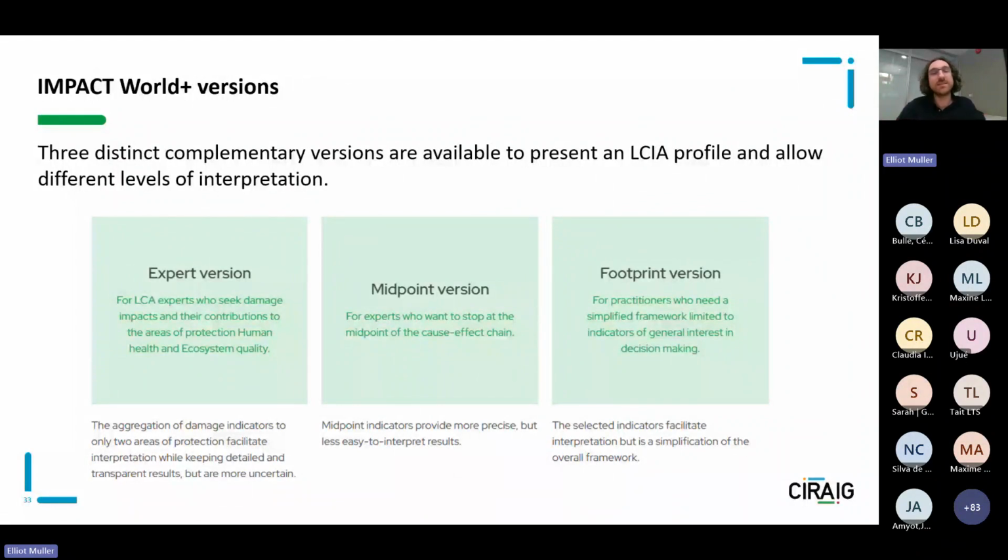The idea is to facilitate interpretation, but people using it need also to be aware that it is a big simplification of the overall framework. Once again, the idea is to simplify interpretation and avoid as much as possible mistakes in the interpretation for practitioners that are maybe a bit less expert in LCIA.